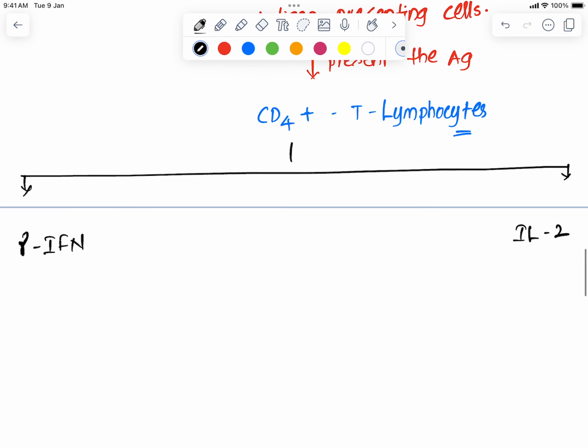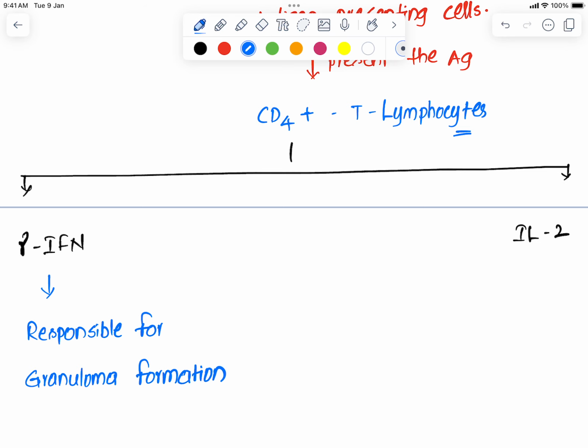Gamma interferon will be responsible for granuloma formation.